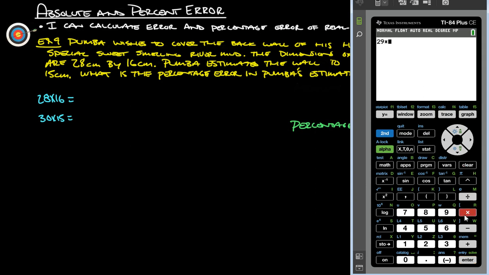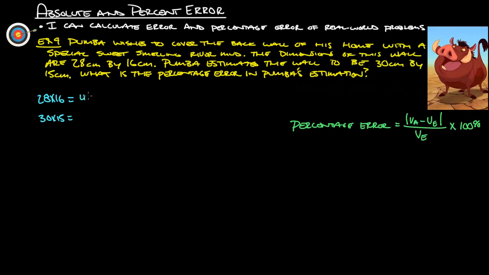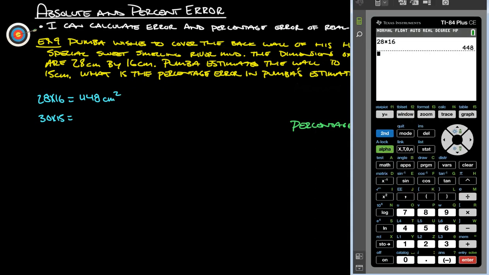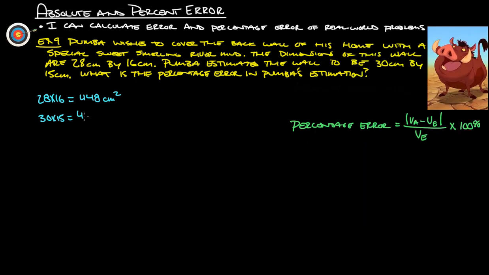28 times 16 is 448, and this is in square centimeters. That's the actual, and then the estimate is 30 times 15, which gives us 450.